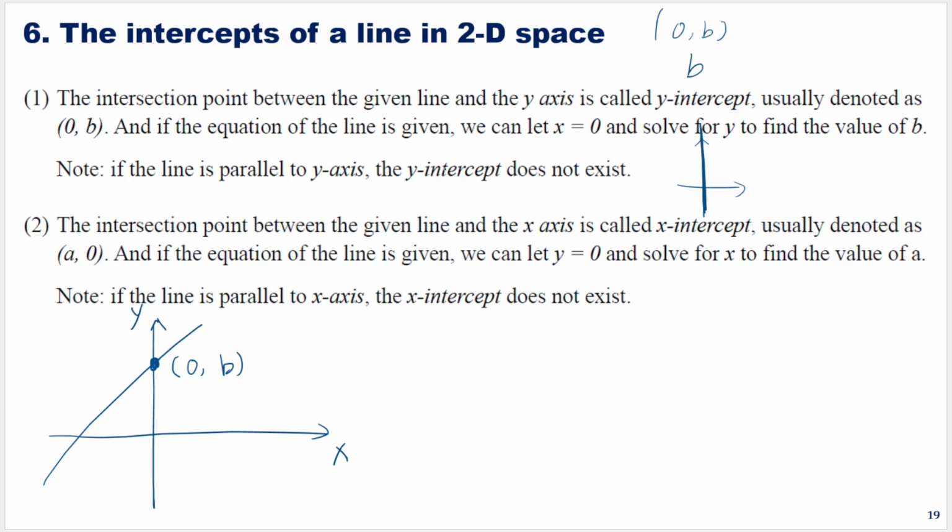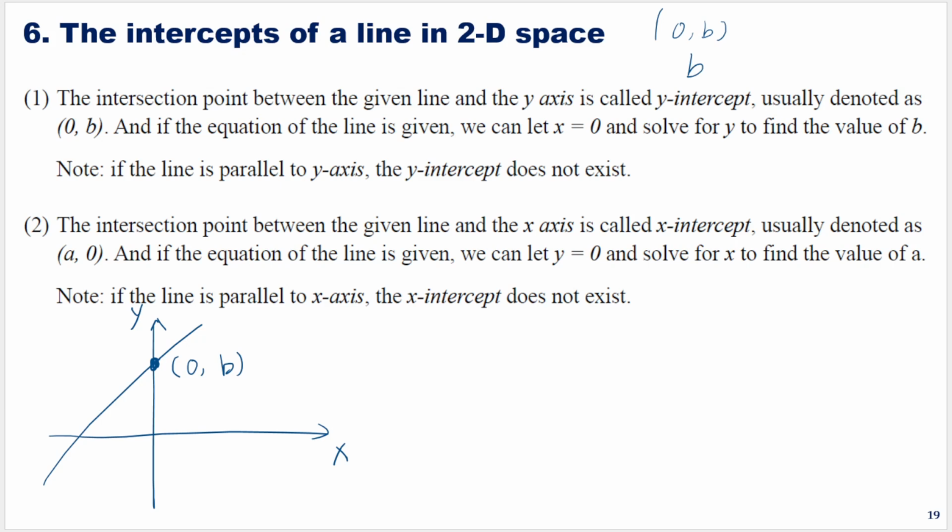In that case, there are unlimited number of y-intercepts. And actually, in that case, this is not a function, because for one input x equals 0, you might have different outputs, right? So we really don't care about that.